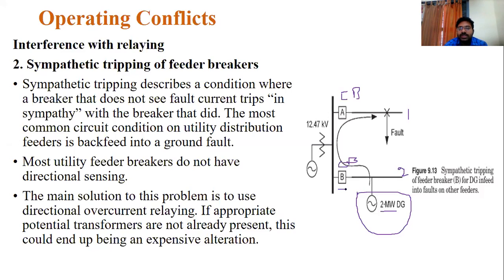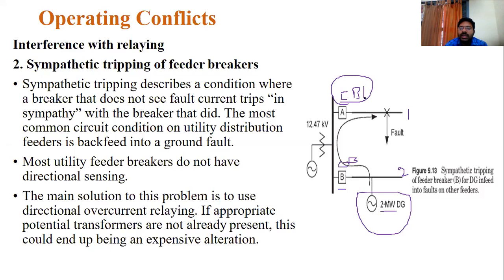Now see this type of fault. For example, in this diagram, assume the fault is in feeder 1. We connected the DG in feeder 2, but suppose there is a fault in feeder 1. What will happen here?